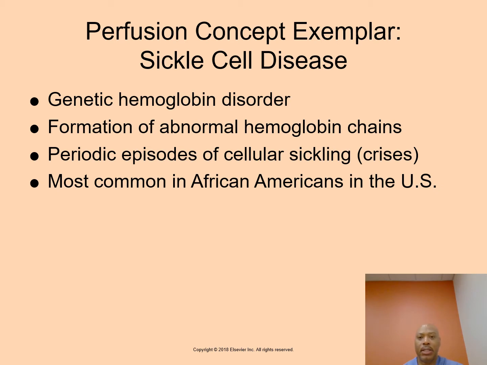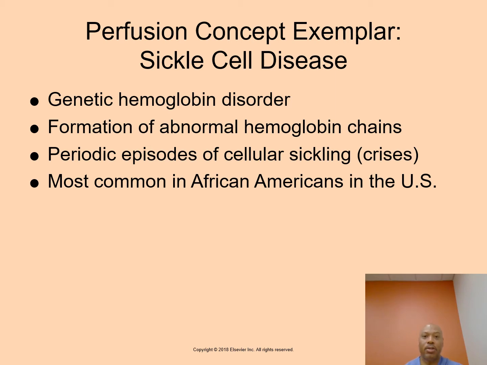Remember, perfusion is adequate arterial blood flow to the tissues, and this is referred to as peripheral perfusion. And of course, we have blood that is pumped by the heart, and that would be considered central perfusion to oxygenate body tissues.